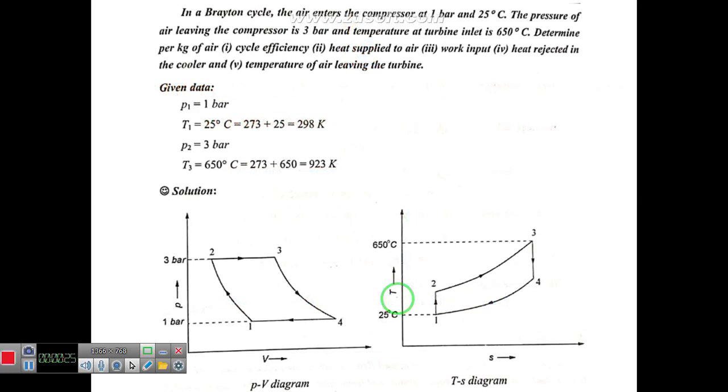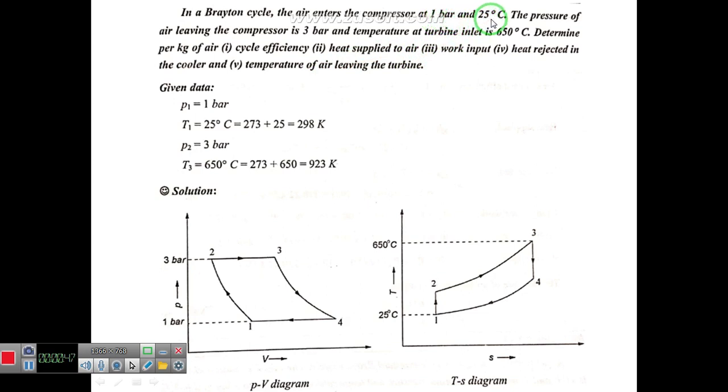So this is the problem. First we take the given data. In a Brayton cycle, the air enters the compressor at the state of 1 bar and 25 degrees Celsius.